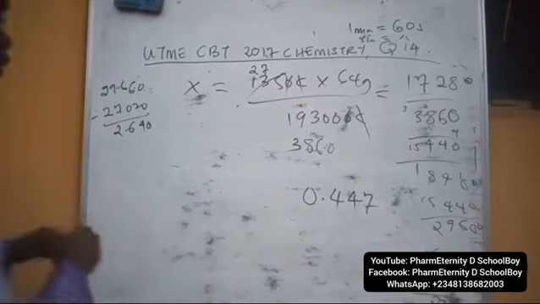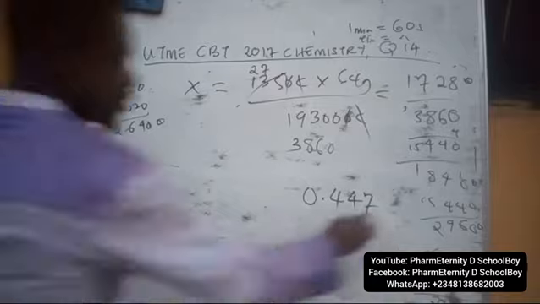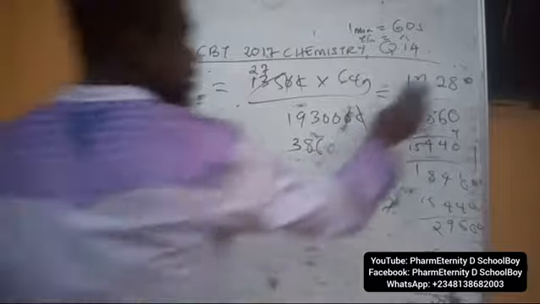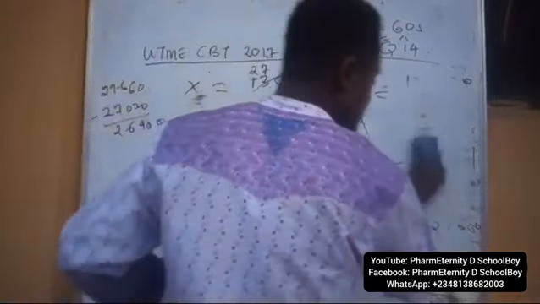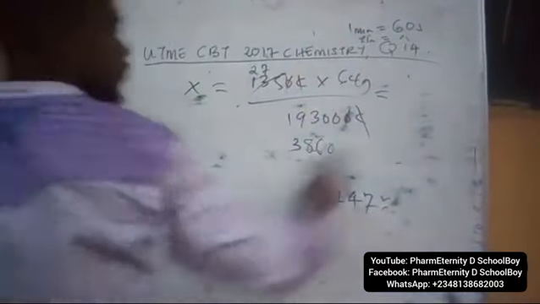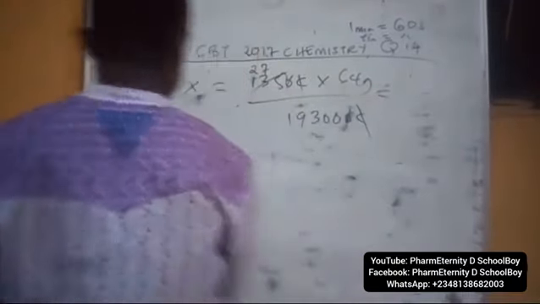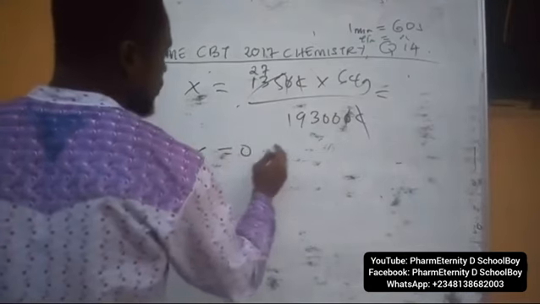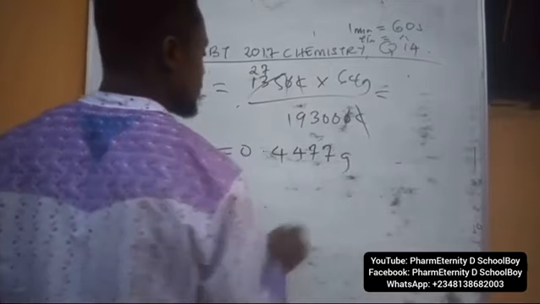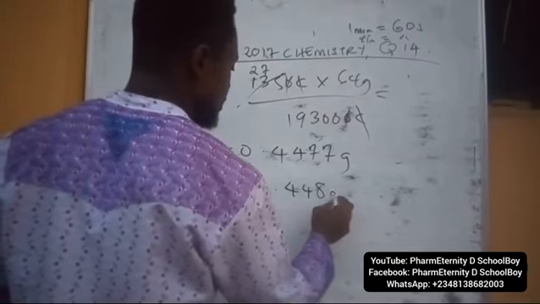If you add 0 again, how many of these can we find here? It's still the same 7. So at this point now, let's stop here because we can approximate this. So we are getting, at the end, that x is 0.4477 gram, which is approximately 0.448 gram.